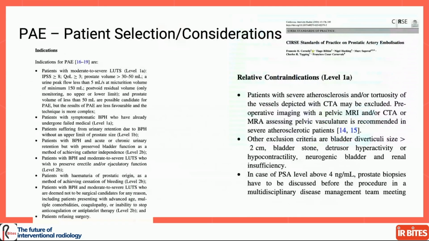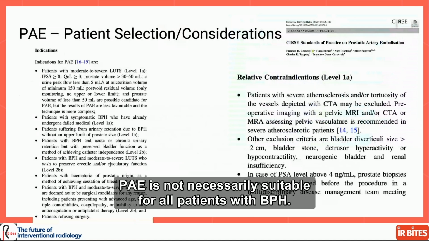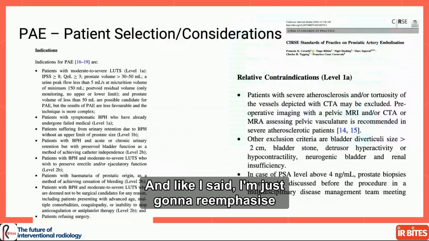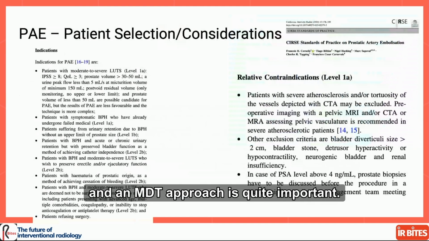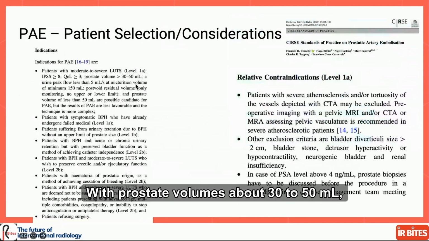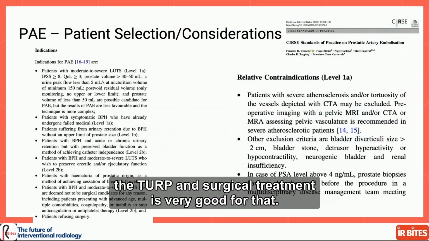Just a little bit of focus on patient selection and considerations. PAE is not necessarily suitable for all patients with BPH. Like I said, I'm going to re-emphasize it is one of the options, and an MDT approach is quite important. With prostate volumes of about 30 to 50 mLs, TURP and surgical treatment is very good.